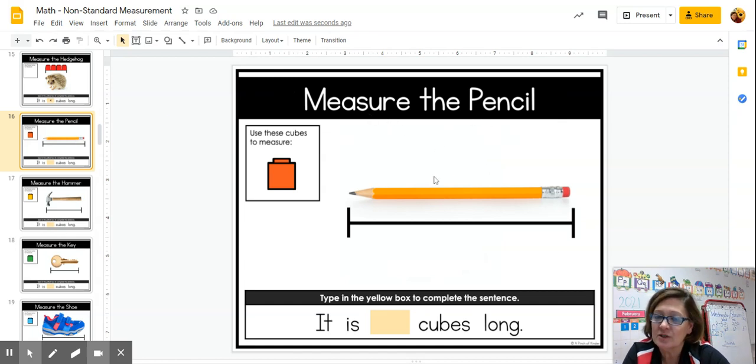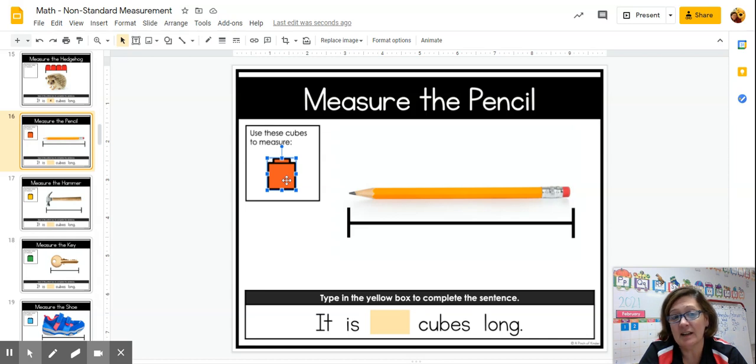Measure the pencil. So I'm going to drag and drop. Make a prediction. How many do you think it's going to take to measure that pencil? 3? 20? What do you think? I don't know. Well, I'm going to say 5. Let's see. Here's 1. I click on it. I drag and I drop it. 2, 3.